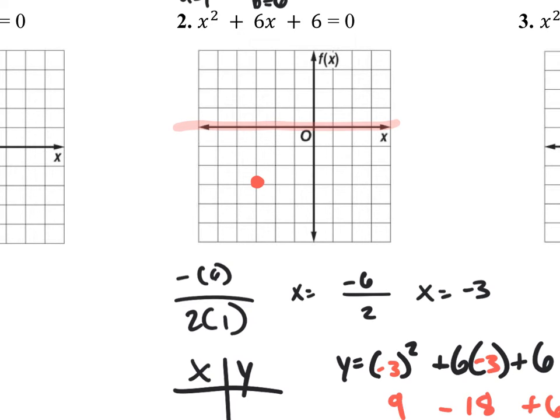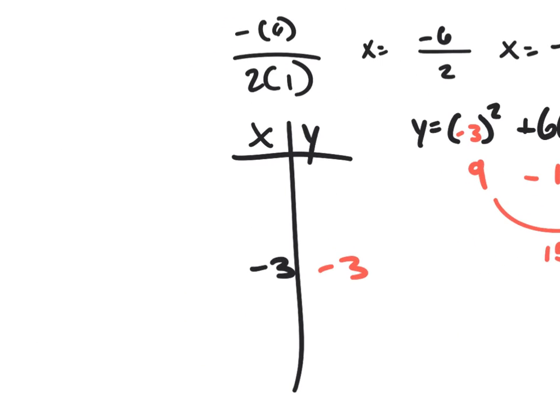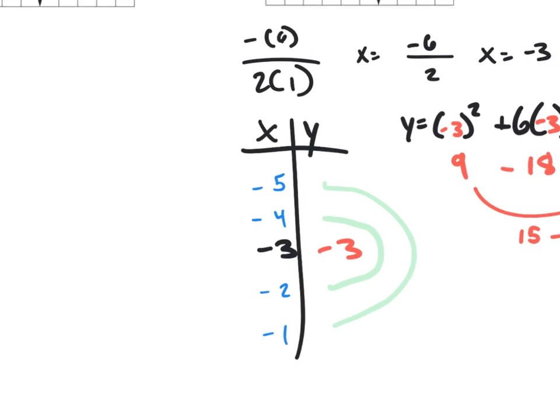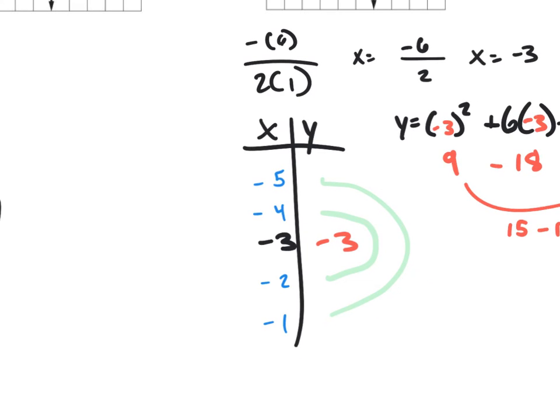We know we open up because of this positive a value. So I know I'm going to hit the x-axis, highlighted in red, twice, but we don't know where yet. We'll need to find it by trying some different values that are nearby. And remember, as long as you put your vertex in the middle, this will have symmetry and this will have symmetry. So I'm going to plug in either negative 2 or negative 4.